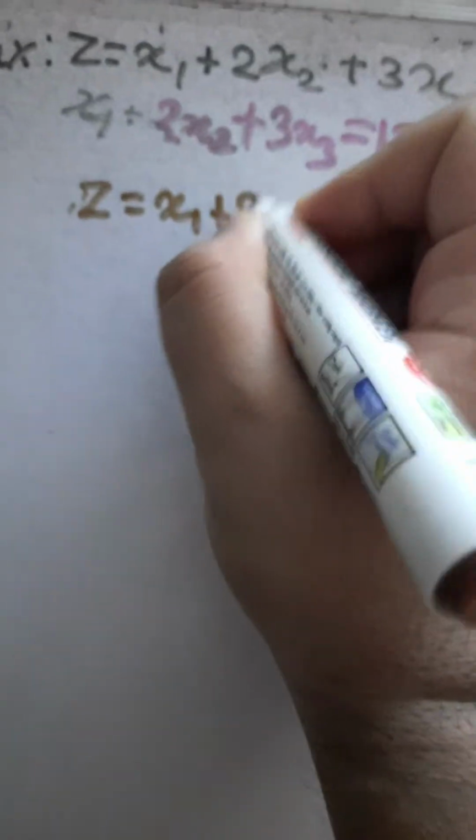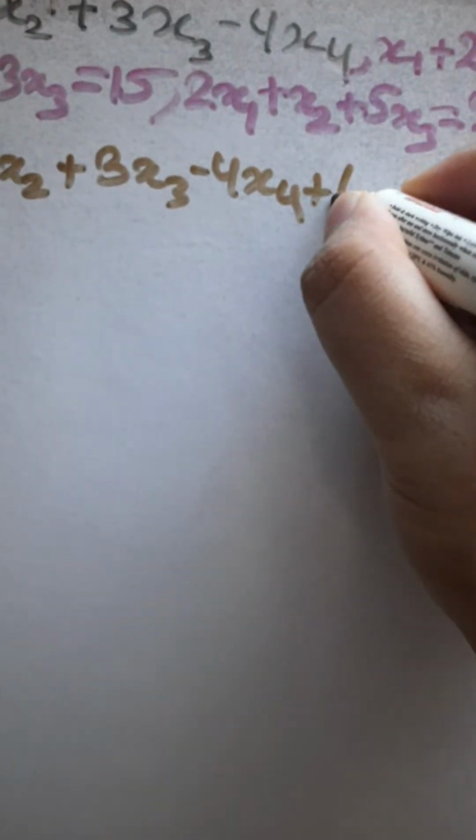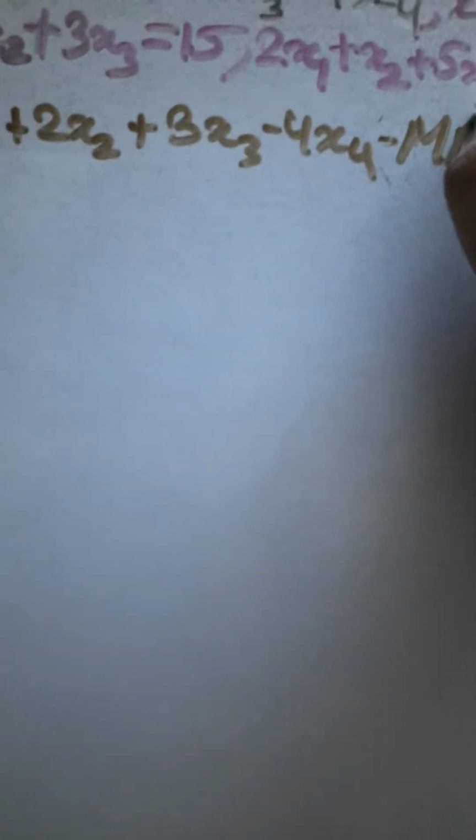Now we are going for this. Z equal to x1 plus 2x2 plus 3x3 minus 4x4, minus Ma1 minus Ma2 minus Ma3.